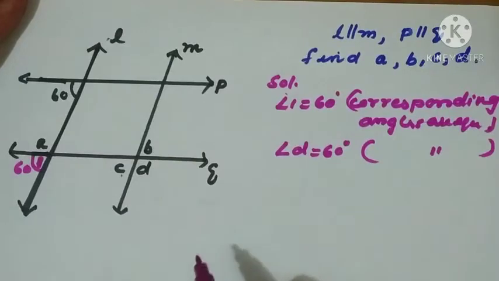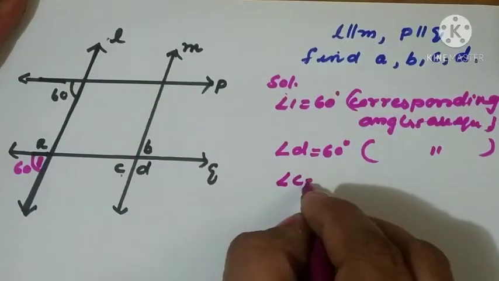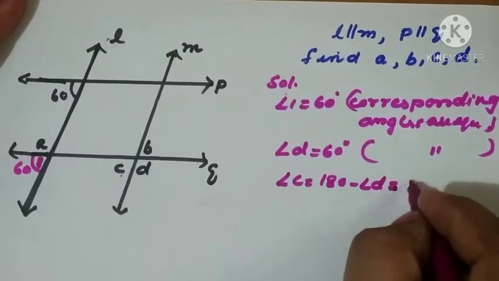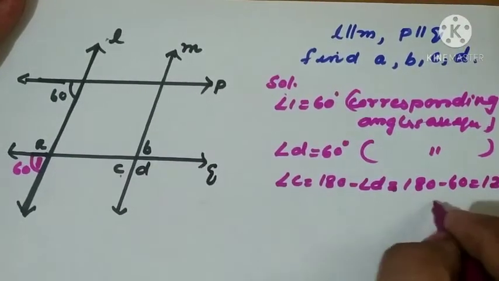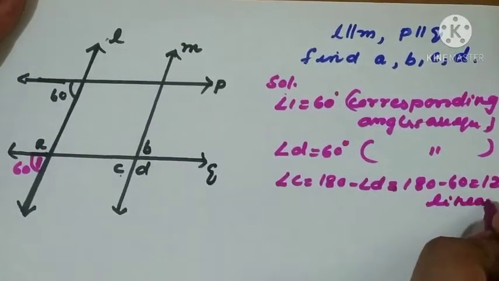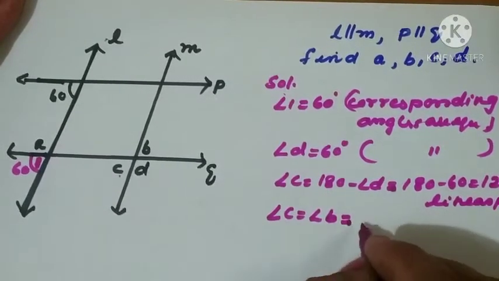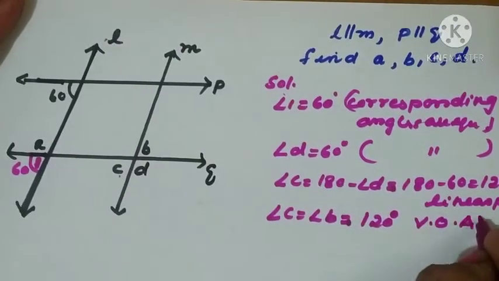C is a linear pair, so angle C equal to 180 minus angle D. So 180 minus 60 equal to 120 degree, linear pair. Angle C equal to angle B equal to 120 degree, vertically opposite angle.